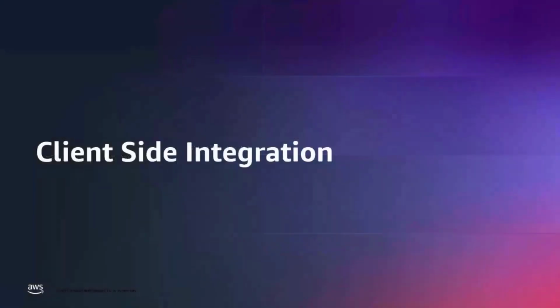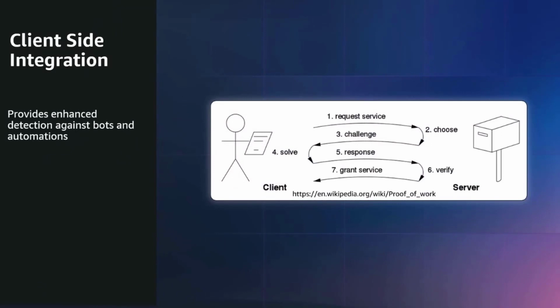That being said, let's look at the client-side integration piece. With AWS, you can also couple client-side verifications with your server-side Web ACL protections. You can do it with client-side SDKs. These SDKs verify the client application with silent challenges and provide AWS token acquisition and management functionalities.